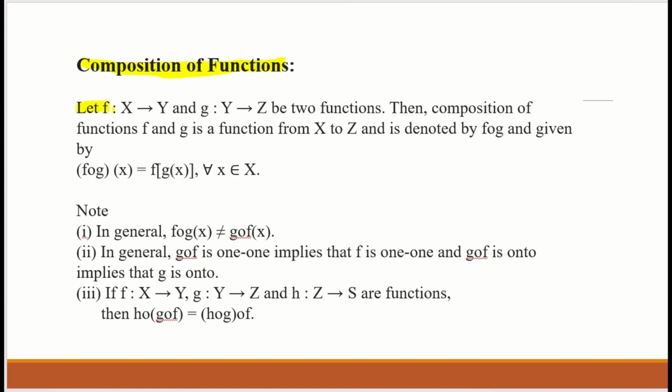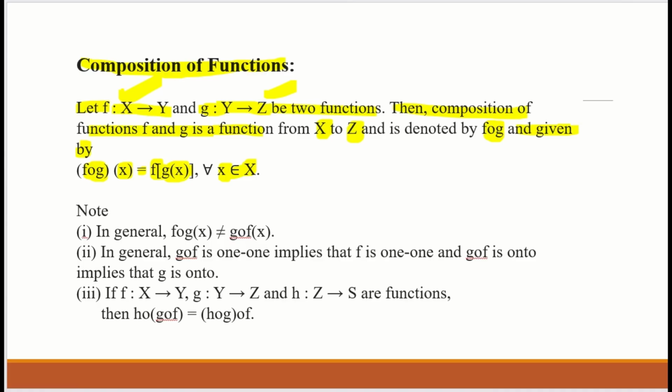Let f from x to y and one more function g from y to z be two functions. Then the composition of functions f and g is a function from x to z, denoted by f composite g and given by f composite g of x is equal to f of g of x for all x belonging to set x.